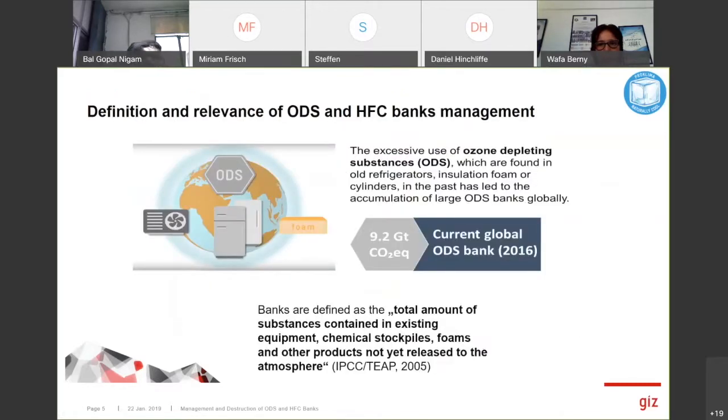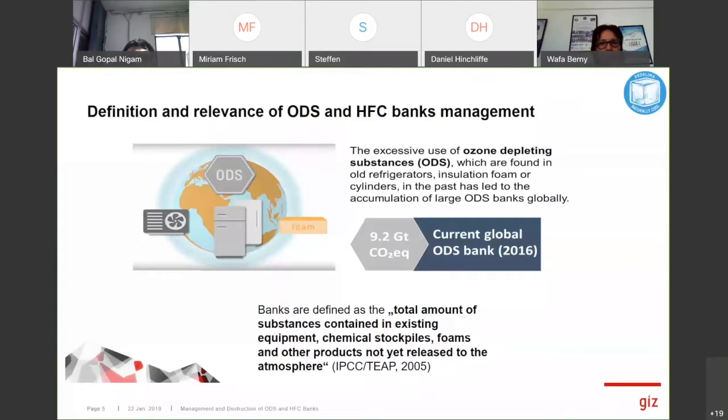Because cooling devices use these ozone depleting substances, in the past years the excessive use of those substances has led to the accumulation of so-called ODS banks. Here we also have the official definition of ODS banks, which is defined as the total amount of substances contained in existing equipment, chemical stockpiles, foams, and other products not yet released to the atmosphere.